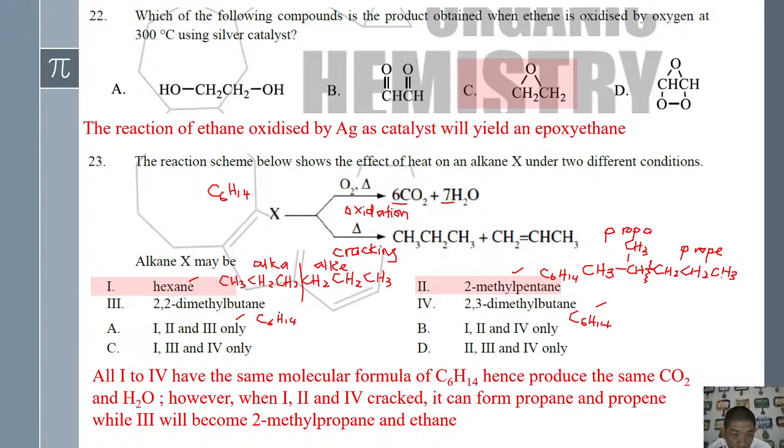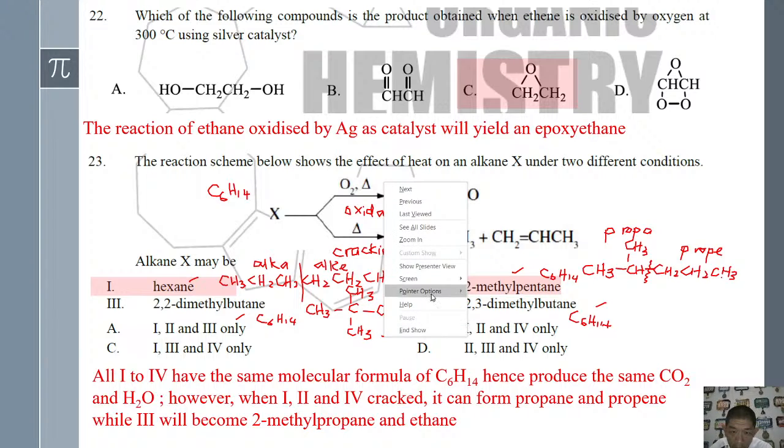Now number 3, 2,2-dimethylbutane. When you crack 2,2-dimethylbutane, can you get the desired product? Now remember, only one covalent bond can be broken in here, not two. Now this is what happens when you break 2,2-dimethylbutane.